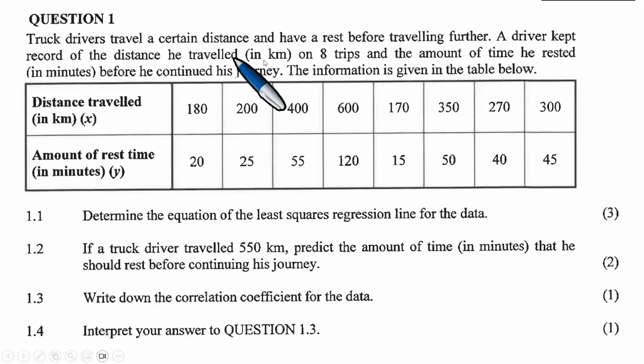Truck drivers travel a certain distance and have a rest before traveling further. A driver kept record of the distance he traveled in kilometers on 8 trips and the amount of time he rested in minutes before he continued his journey. The information is given in the table below. Determine the equation of the least squares regression line.